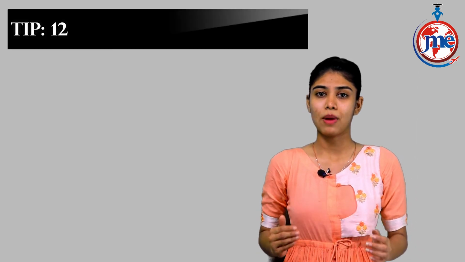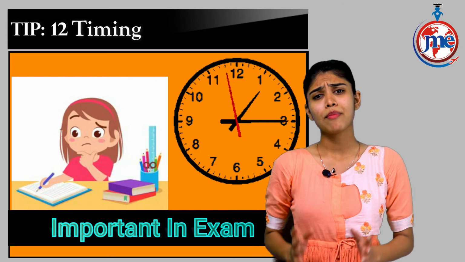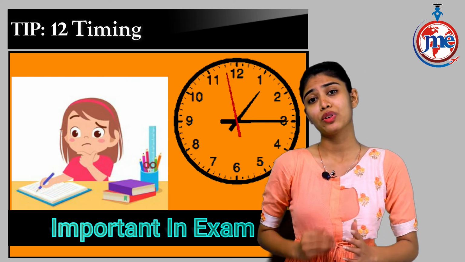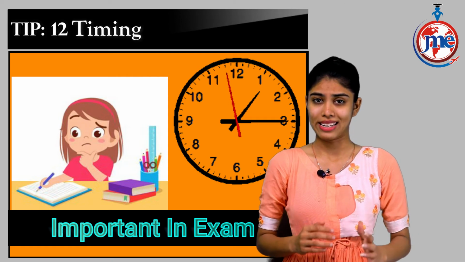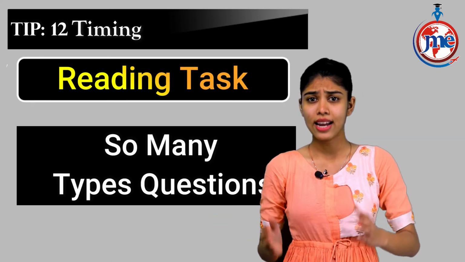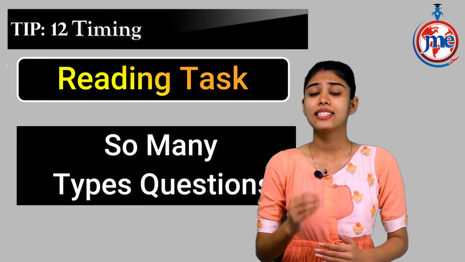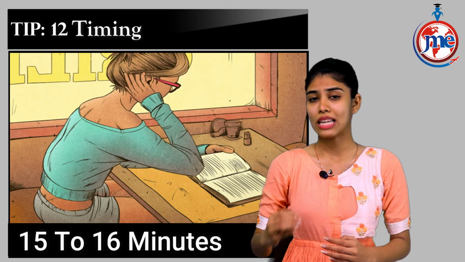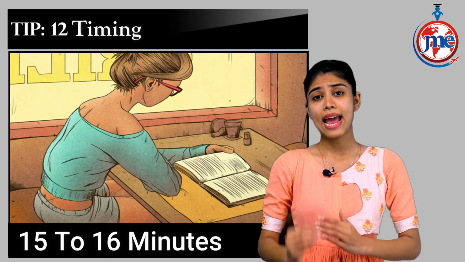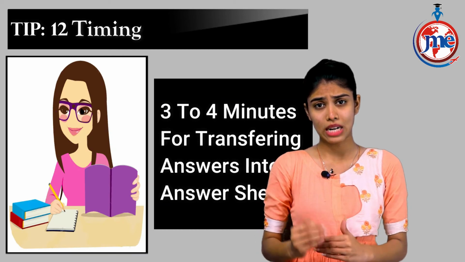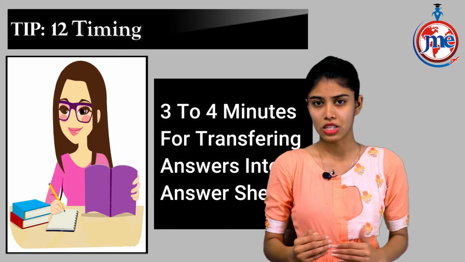Now the last tip, number 12, and that is about timing. Students, timing is very important in any exam. So now I am going to explain timing for your reading task. In your reading task, there are many types of questions. So students, I suggest that you use 15 to 16 minutes for each section to read and answer the questions, and use 3 to 4 minutes for transferring answers into the answer sheet.